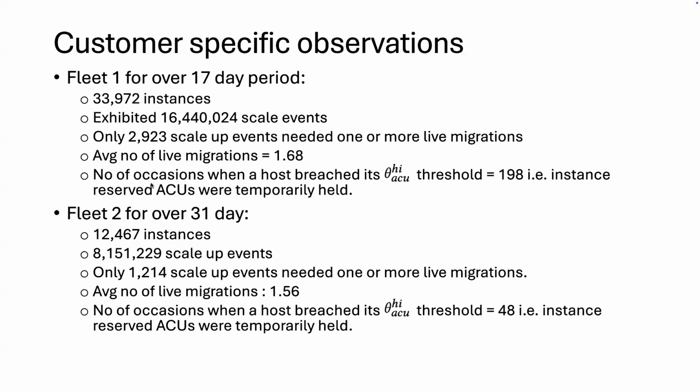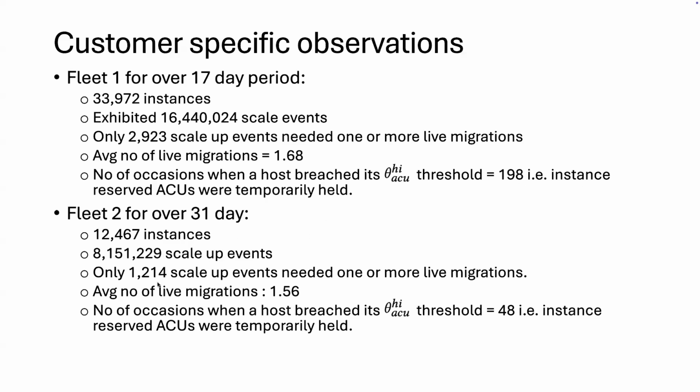And out of these scale up events, only 198 were such that when the host reached this particular threshold, instance reserved ACUs were temporarily held. So only these 198 times over a period of 17 days were my resources temporarily held.